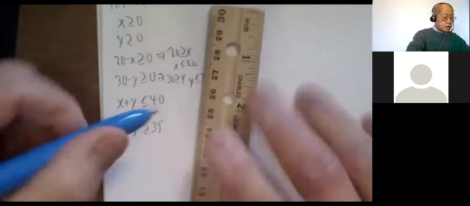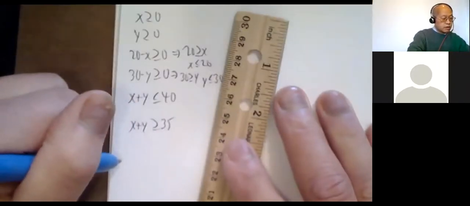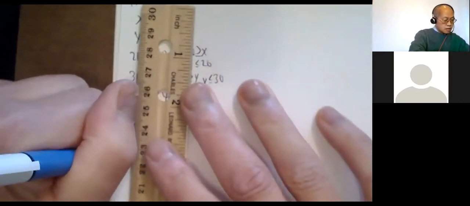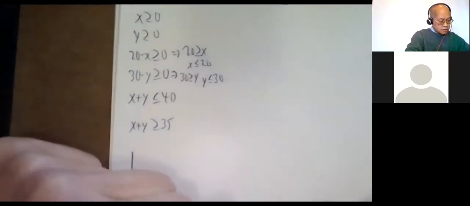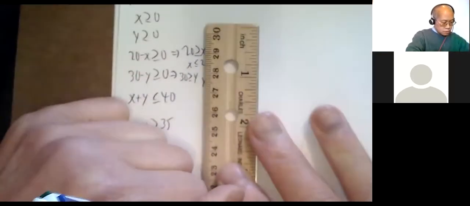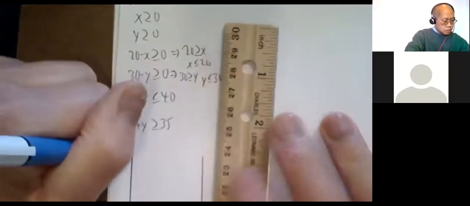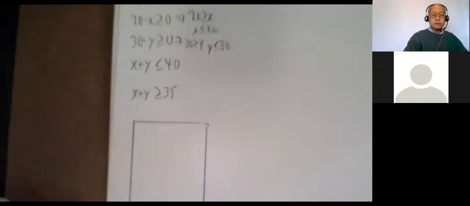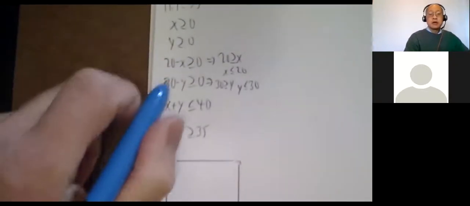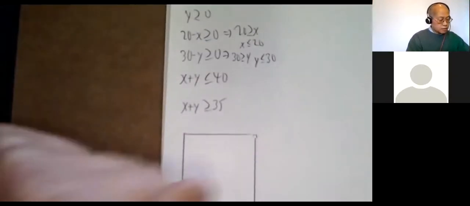So my graph is going to be kind of weird. I'm going to go like this. This is X equals 0.